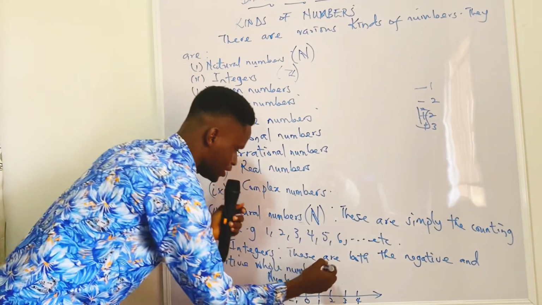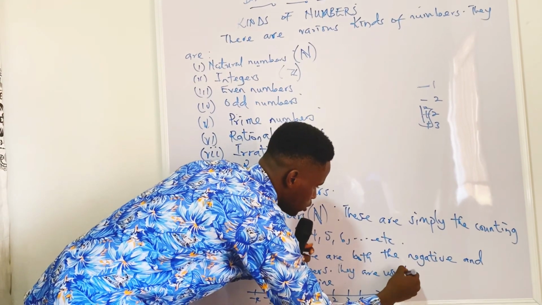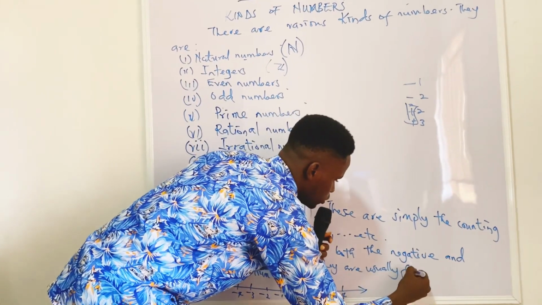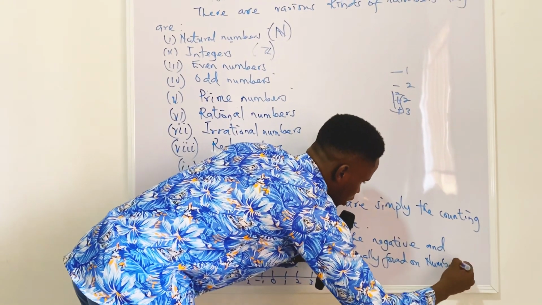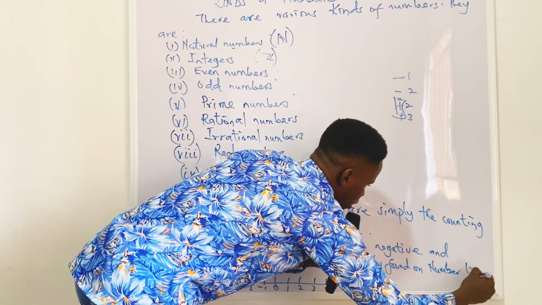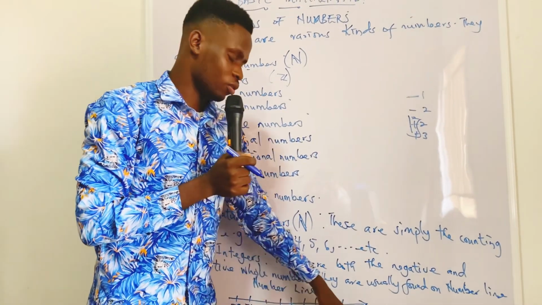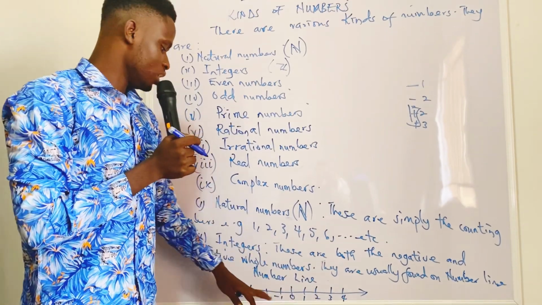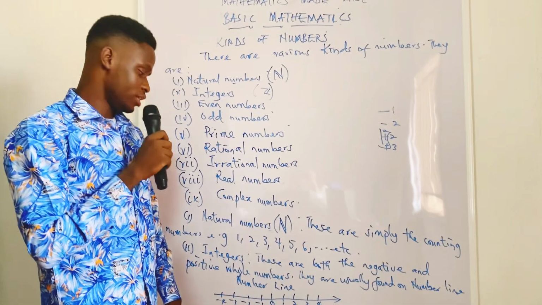So as I've said, they are usually found on the number line, and that's what I'm explaining now. All these whole numbers are seen on the number line. They are all integers. 0 is an integer.